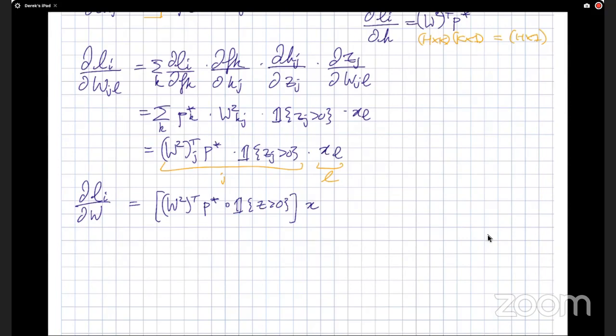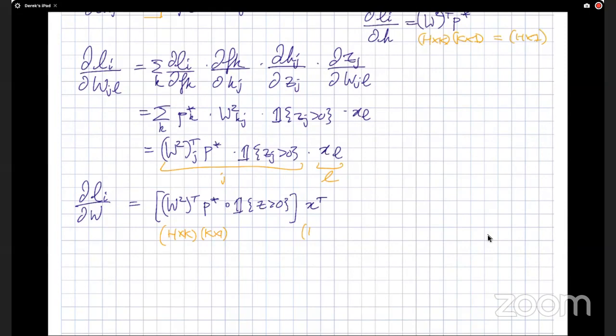We had before, this is H by K, this is a K by 1, and then this is going to be X transpose. So this is a 1 by D. And then here, this is also an H by 1.